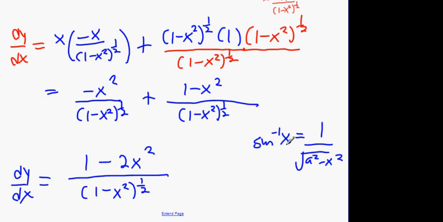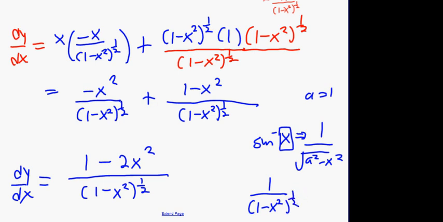Yeah, when you differentiate it, it turns into 1 over the square root of a squared minus x squared. Where did you get a squared? Oh yeah, a is always 1, and x is whatever is in the box. So it's going to be 1 over the square root of 1 squared, which is 1 minus x squared to the power of a half.